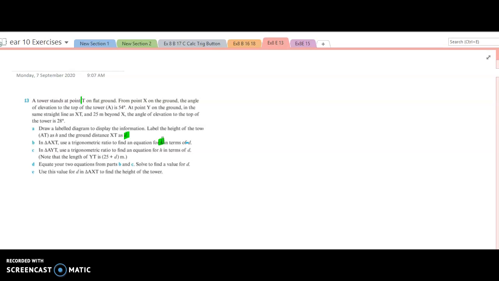And so we need two equations. As you can see, we're going to end up with two triangles, and that's where we'll get our two formulas or equations, and we'll use the substitution method to solve for simultaneous equations. So let's read first. A tower stands at point T on a flat ground.